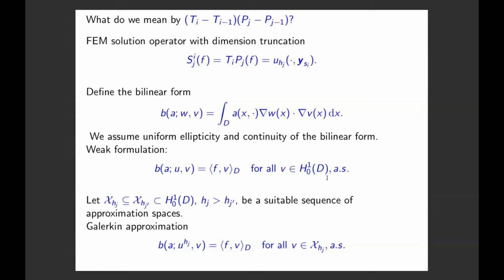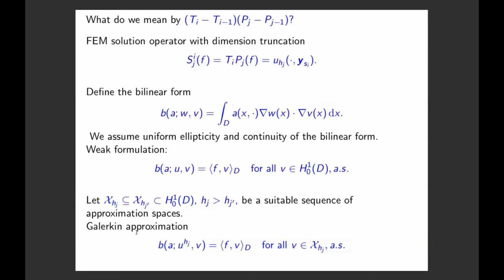To obtain an approximation of this solution, what we do is we define a sequence of finite element spaces, denoted here by this XHJ, which are subsets of H01D, which are increasing. So that means we use finer and finer mesh width, and they should satisfy a certain approximation property.